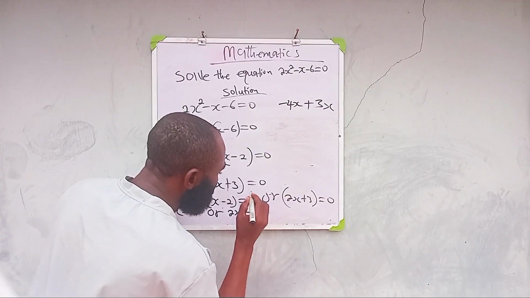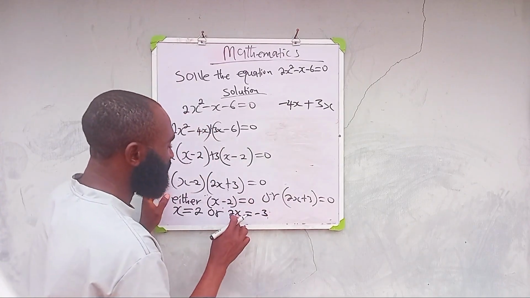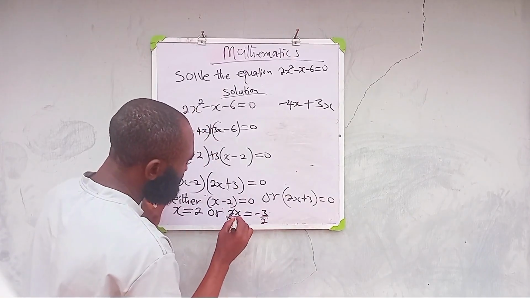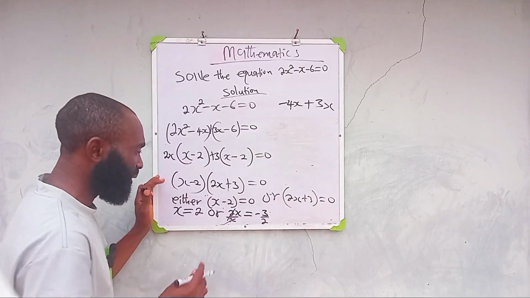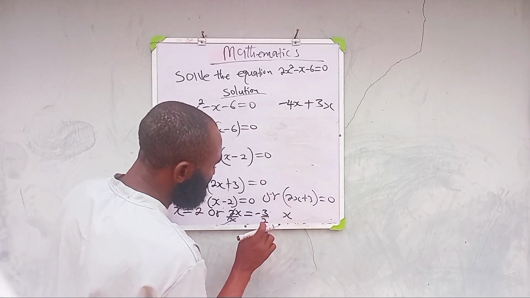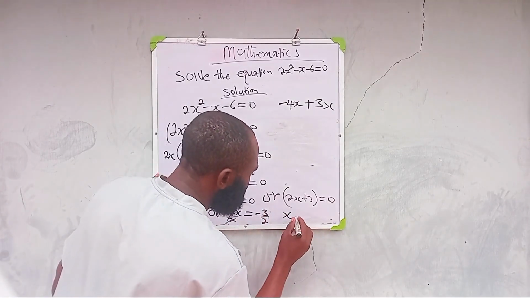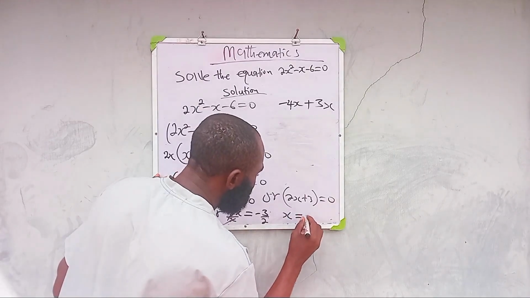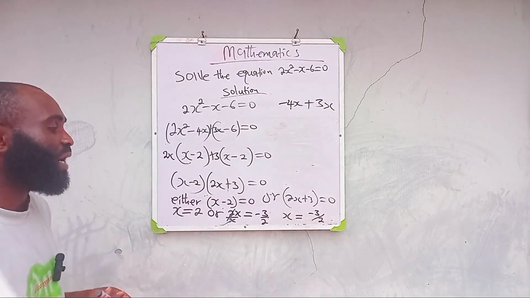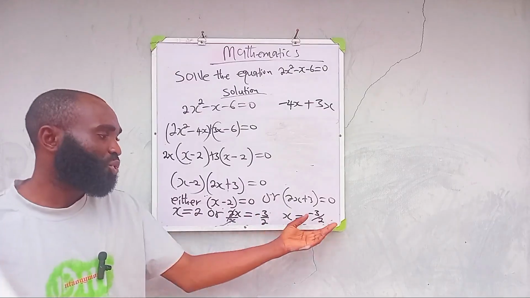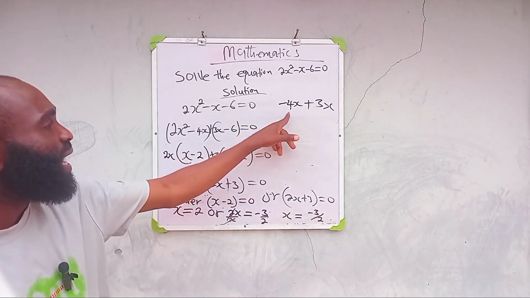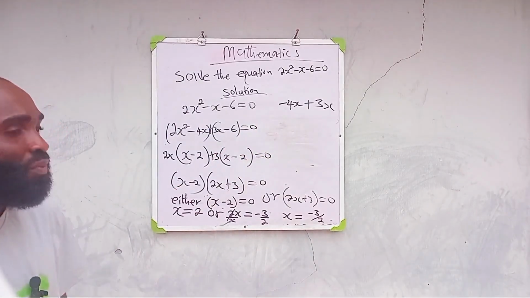We are looking for x, so we divide both sides by 2. 2 divided by 2 is 1, and 1 times x gives us x. 3 divided by 2 we just leave as a fraction. So x is equal to minus 3 over 2. These are our two possible values that, when you substitute, will give us 0.